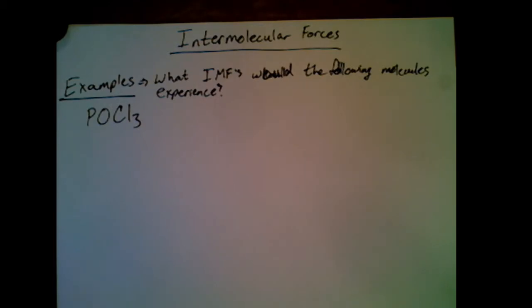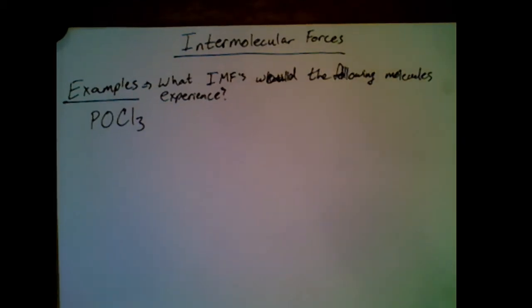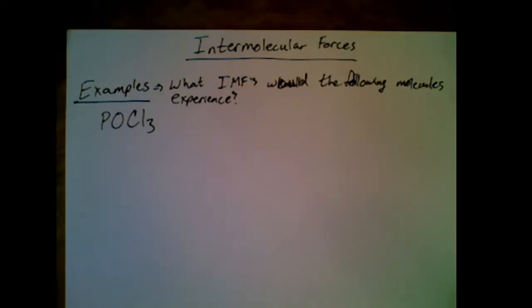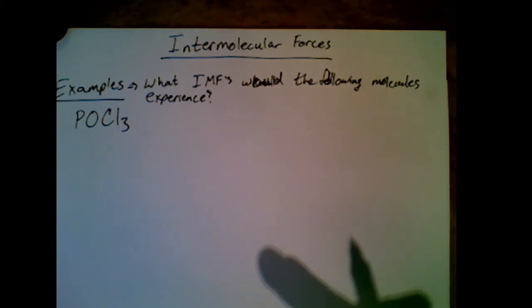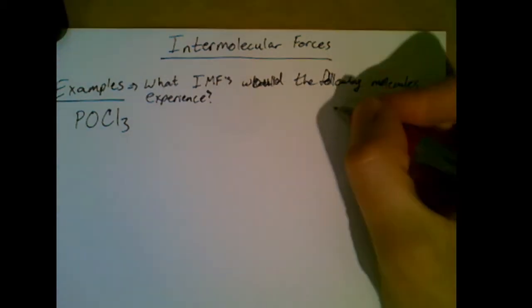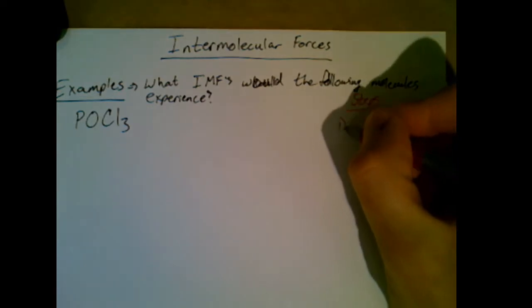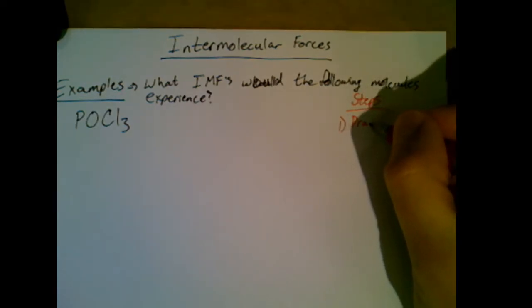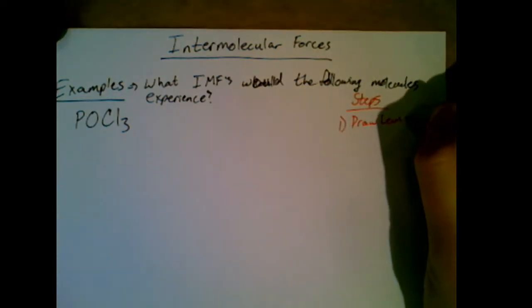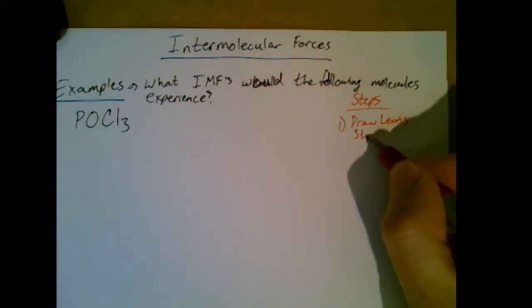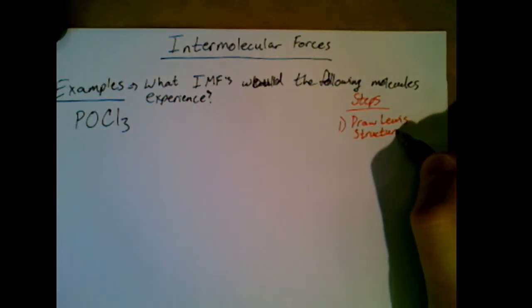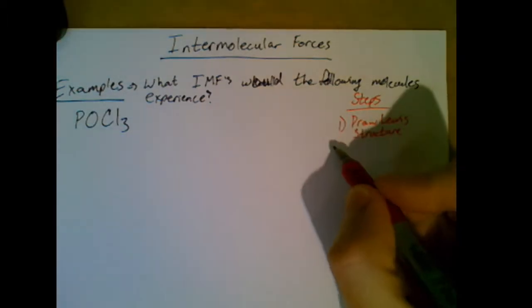And so ultimately, what you need to do when you have a problem like this is determine whether it is polar, because polarity is what determines the forces felt by a molecule. So the steps you need to take are, number one, draw the Lewis structure, which should not surprise you because that is what we have been doing over and over again.